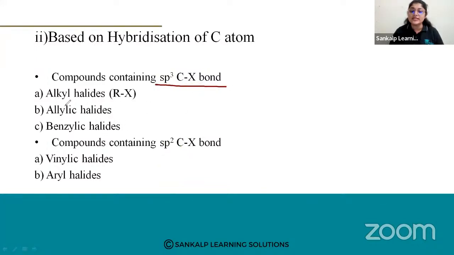The first is alkyl halides. What do you mean by alkyl halides? Alkyl halides are compounds in which the halogen atom is bonded to an alkyl group. Do you know what an alkyl group is?